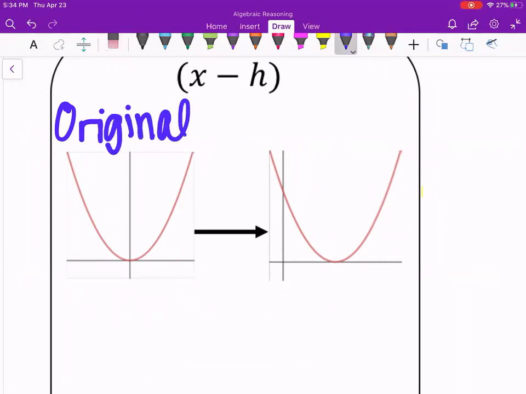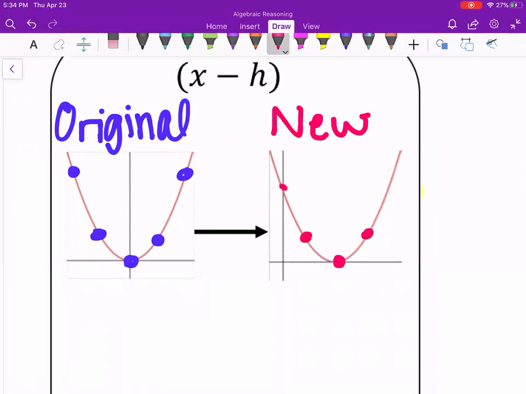So what we're going to do is figure out what happens to some major key points with our original and use those points to figure out what happened to our new one. And as we can see, the only thing that happened to these points is they in fact shifted to the right.